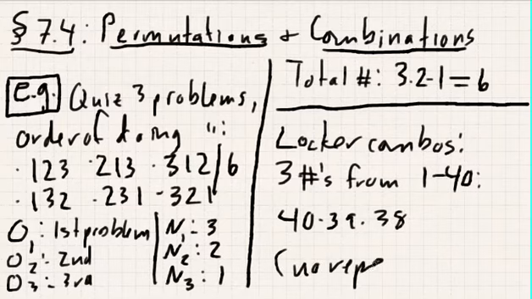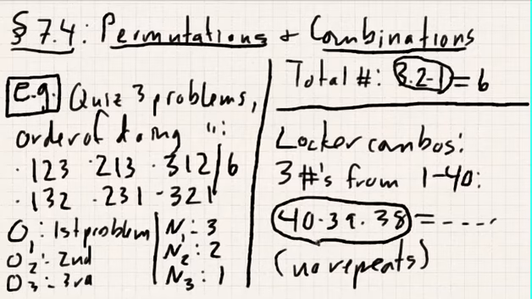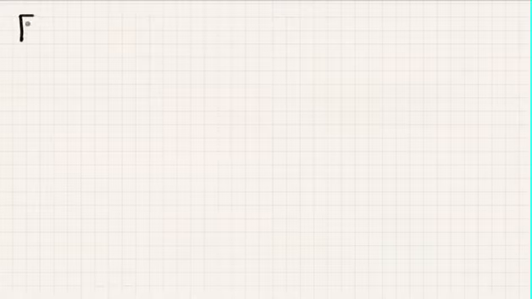And this was some number. I don't have it pre-computed, so you could just refer back to one of the previous lectures to see what that is. But my point here is that look at these sorts of products. I've got 3 times 2 times 1. I've got 40 times 39 times 38. We keep seeing this sort of multiplying a number and then the previous number and the previous number. So this actually motivates a definition of something called a factorial.